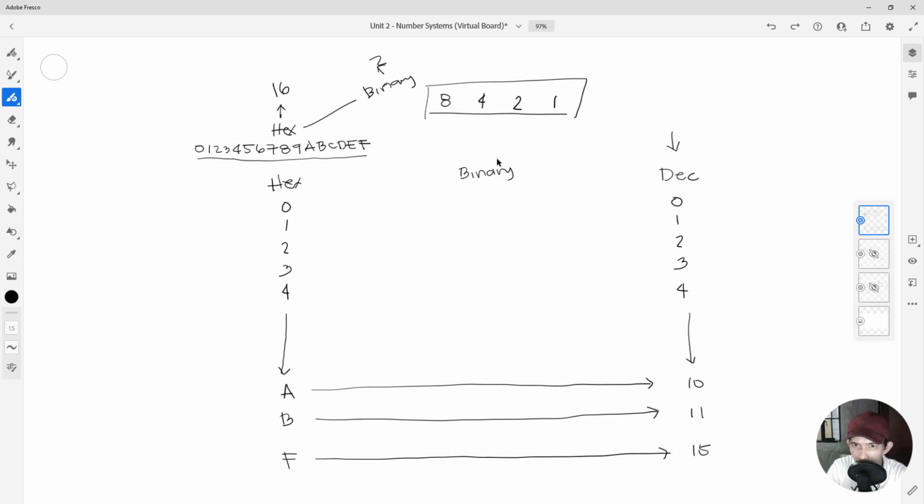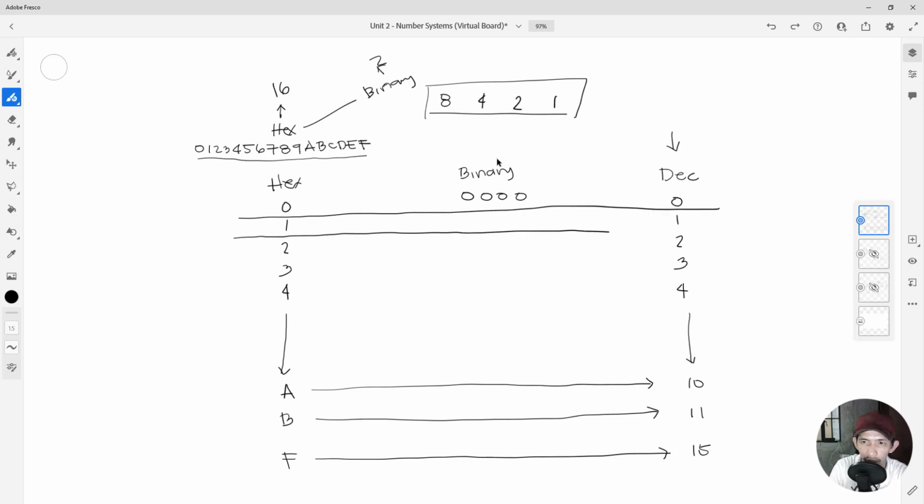Since 0 siya, ang binary nito ay 0, 0, 0, and 0. Ngayon, sa 1, ano ang value ng binary? 1, 0, 0, 0. That is the value ng binary nung decimal na 1.